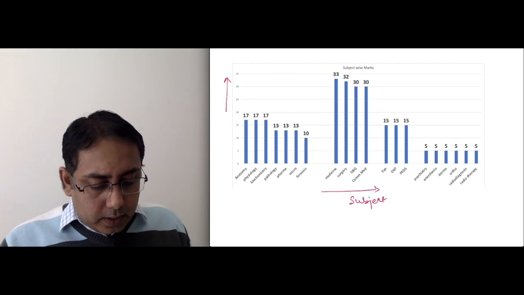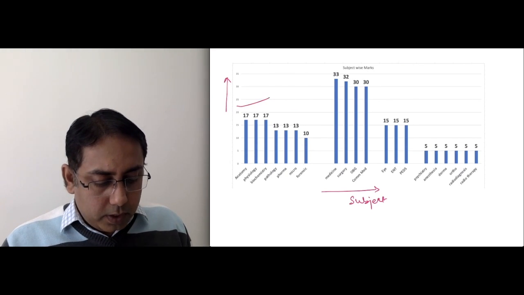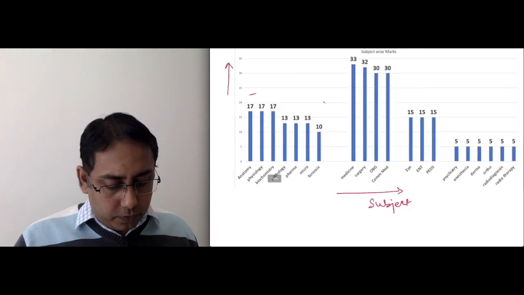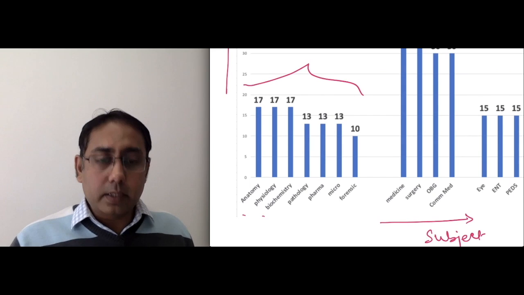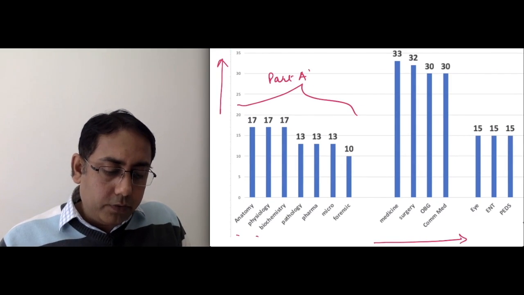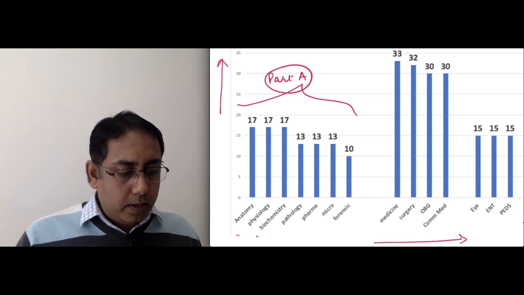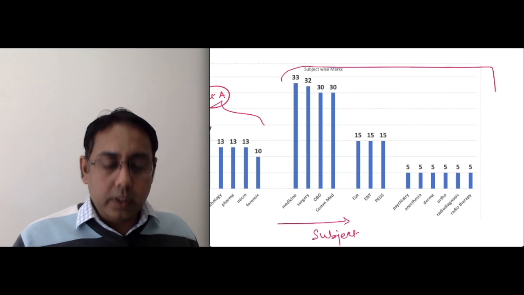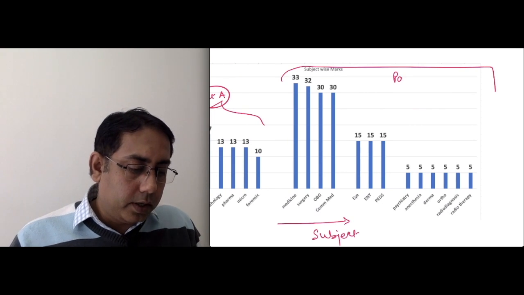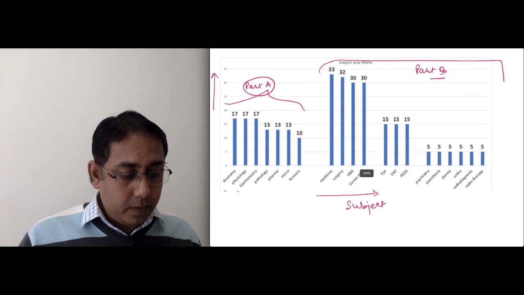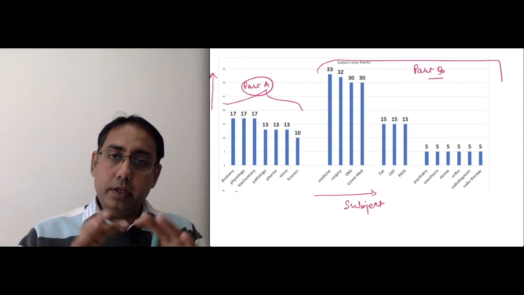You can see that all these subjects, anatomy, physio, biochem, patho, pharma, micro, forensic, are included in the part A of your MCI exam. And all the other subjects, from this side, are included in your part B of your MCI exam. You need to score 150 in totality.